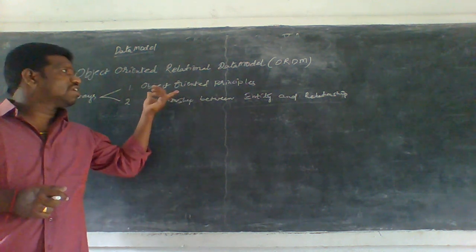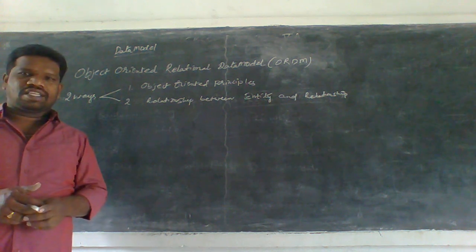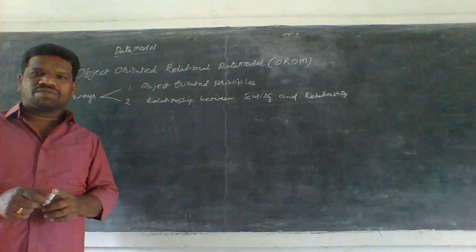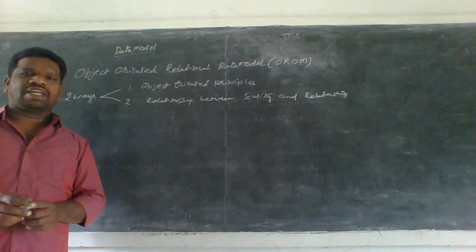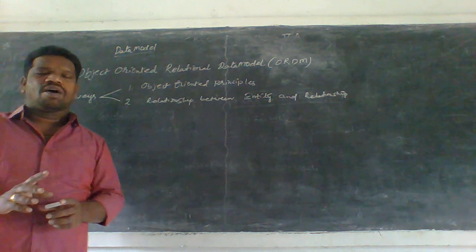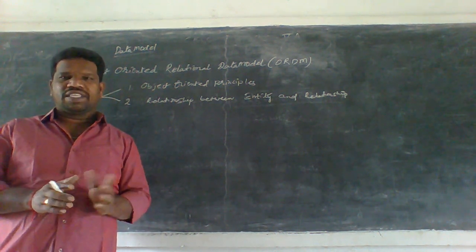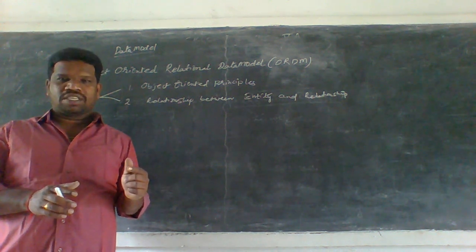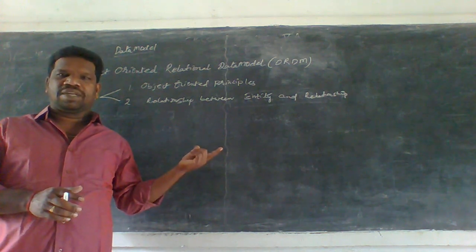In the Java class in the third semester, Java is an object oriented programming language, but C is a procedure oriented programming language. What is the difference between these two? The C language does not satisfy all the properties of the OOP principles. OOP means object oriented principles.